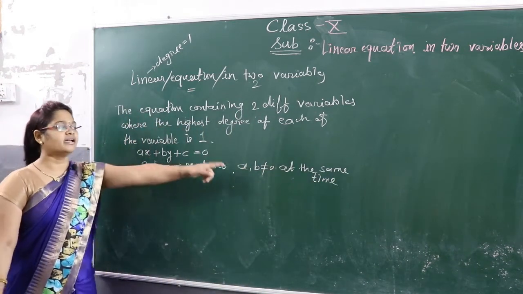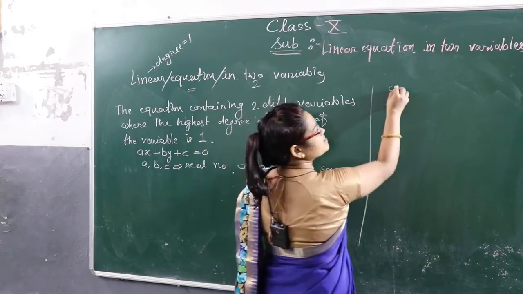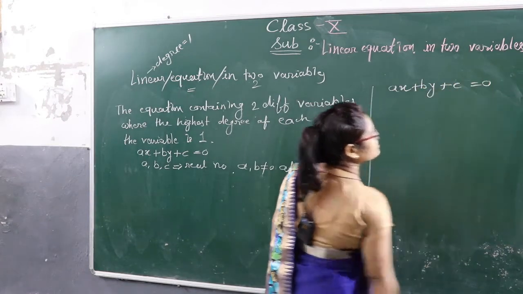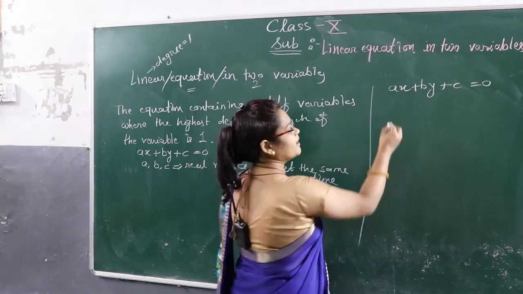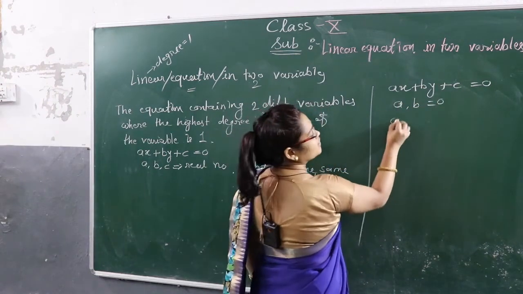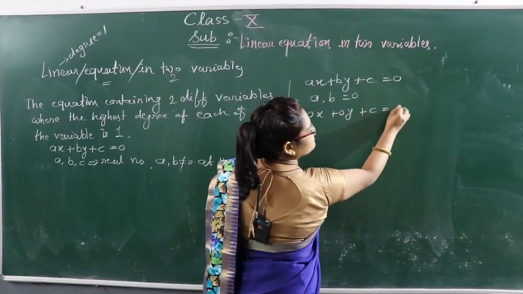Why is it said that a and b should not be equal to 0? Because the general format of a linear equation is ax plus by plus c equals 0. If we take a and b equal to 0, we get 0 into x plus 0 into y plus c equals 0.